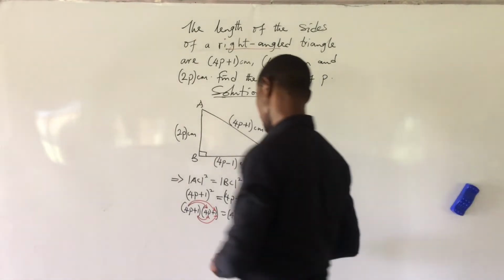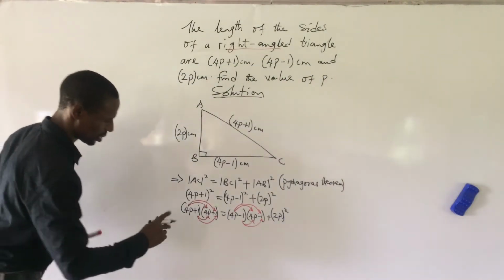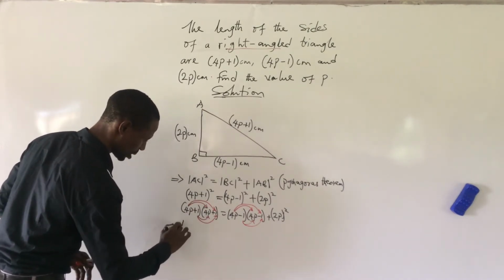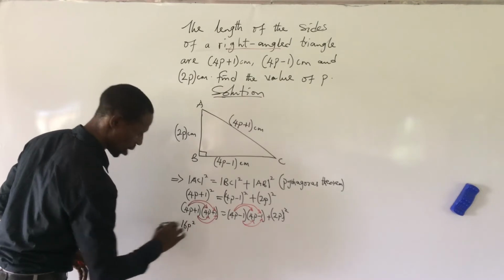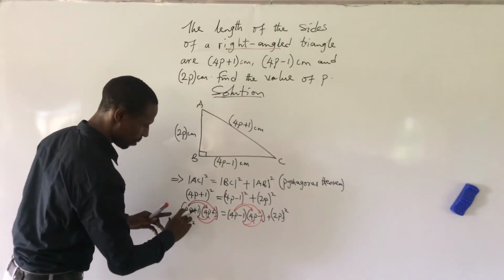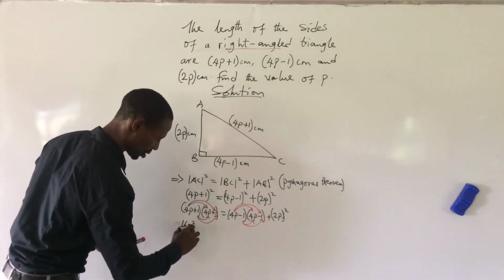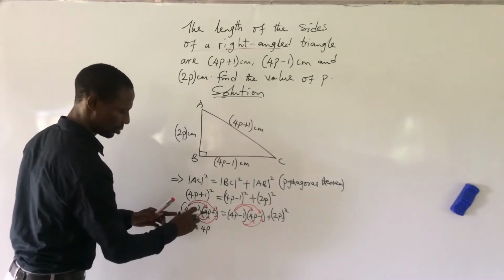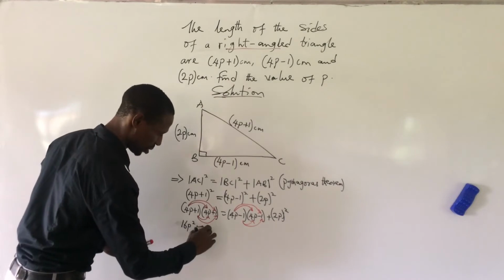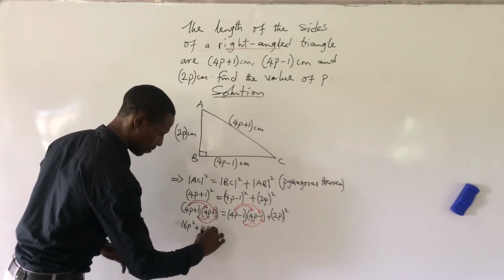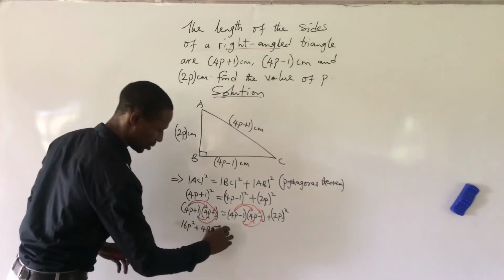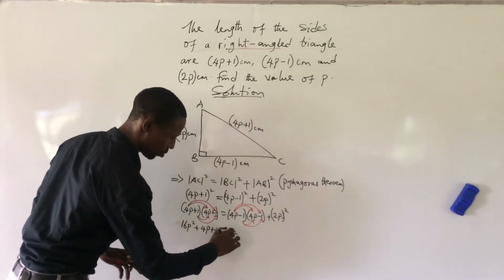So this will give us 4p times 4p, which is 16p squared. 4p times 1 gives us plus 4p. Then 1 times 4p gives us plus 4p. The plus 1 times 1 gives us 1.